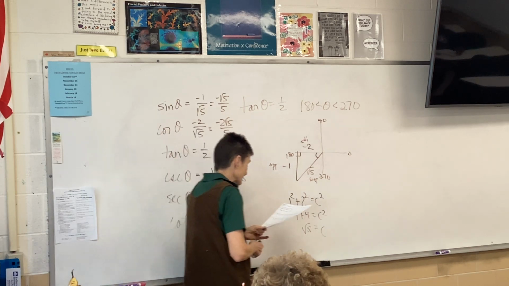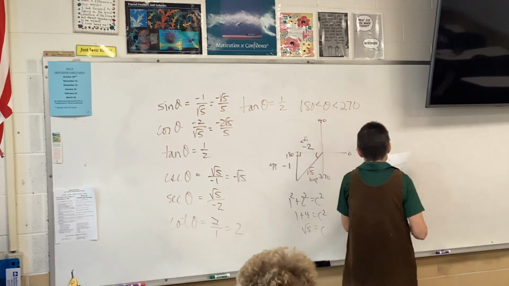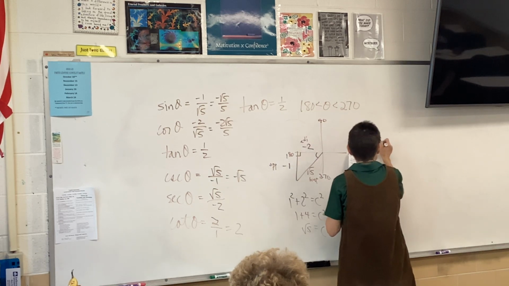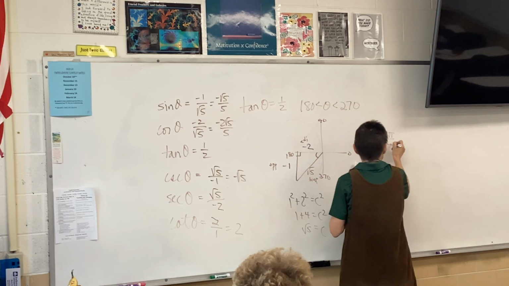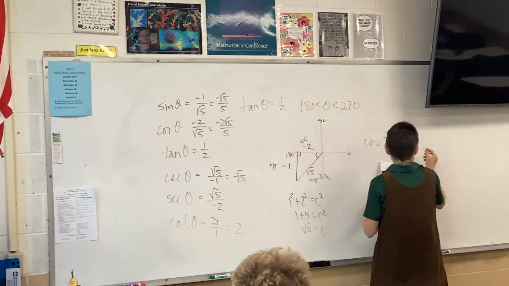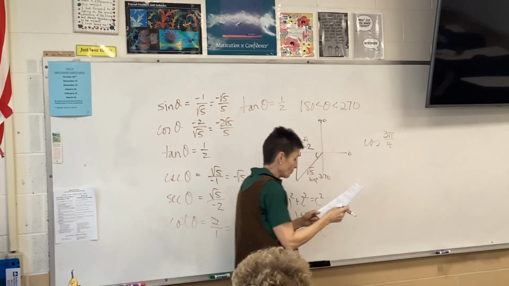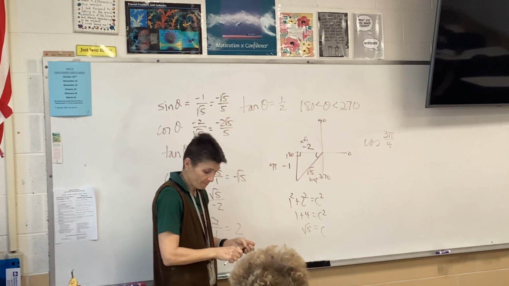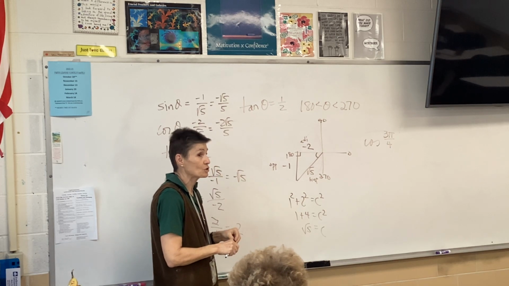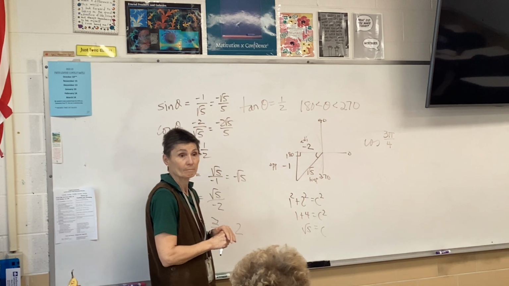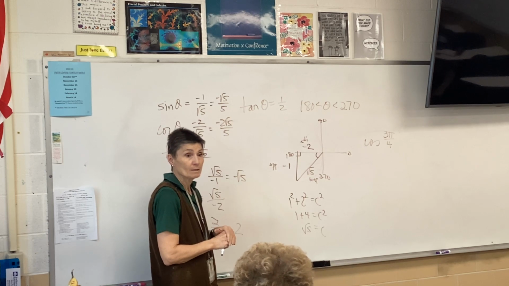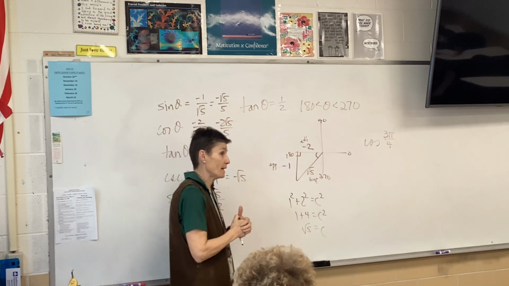All right, find the exact value. We've practiced a lot of this the last few days. Find the exact value of cosine 3 pi over 4. All right? Who remembers how we start? Change pi into 180.